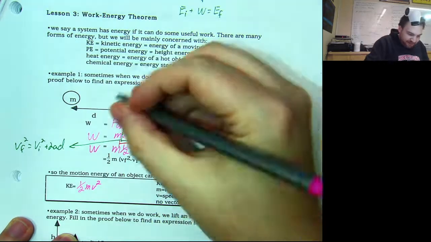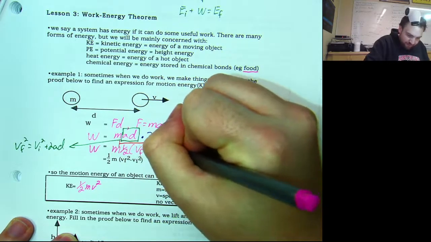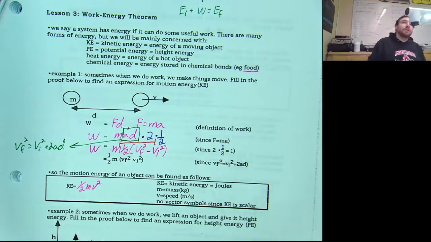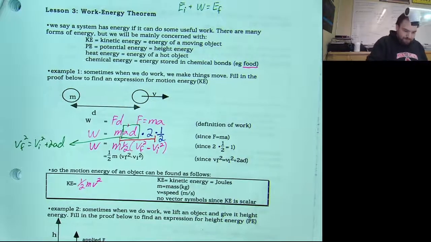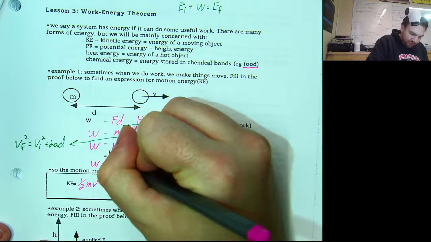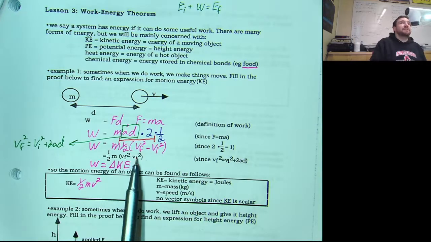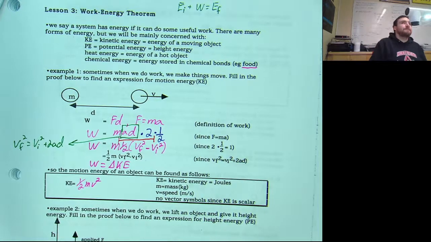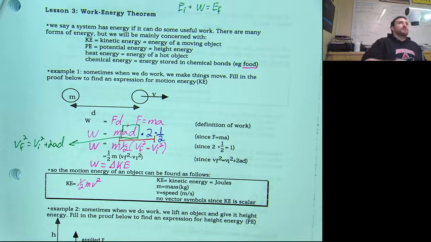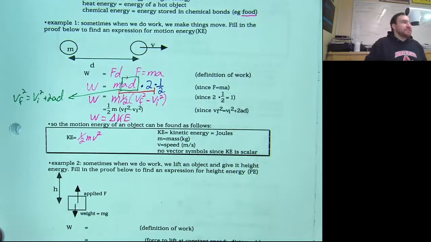The 2ad becomes Vf squared minus Vi squared, so work becomes equal to the change in kinetic energy, half m times v final squared minus v initial squared. So that's part of the idea where this work energy theorem even comes from. And all it is, is manipulating the math in the right way.